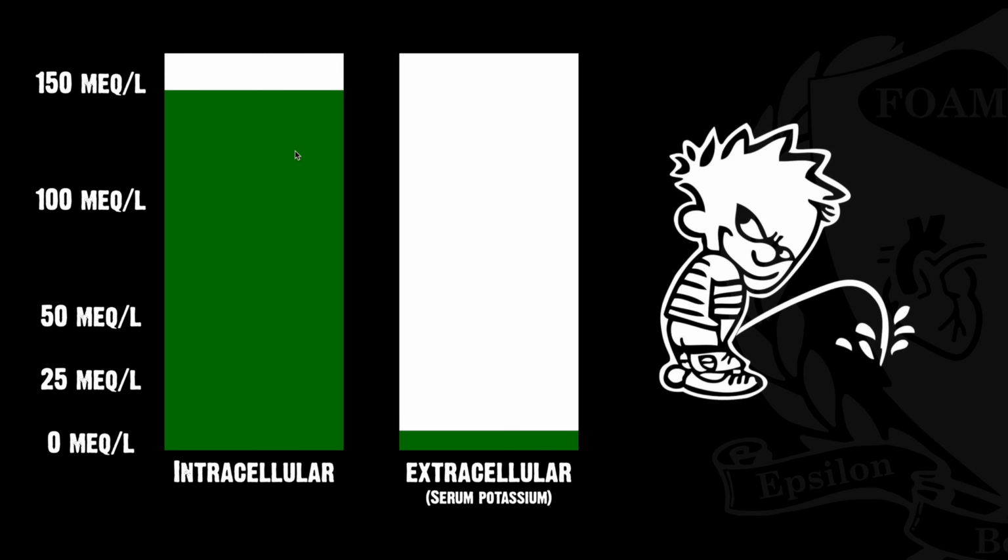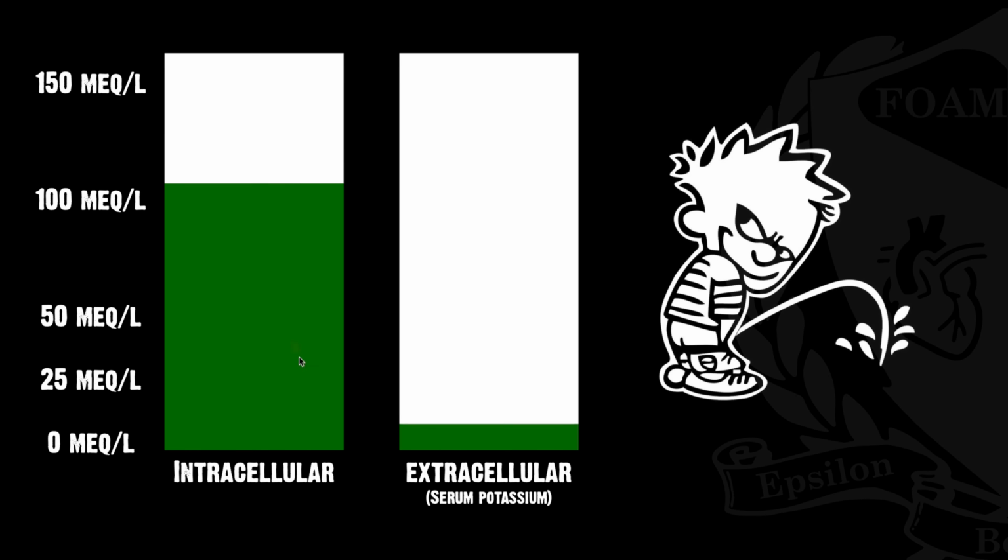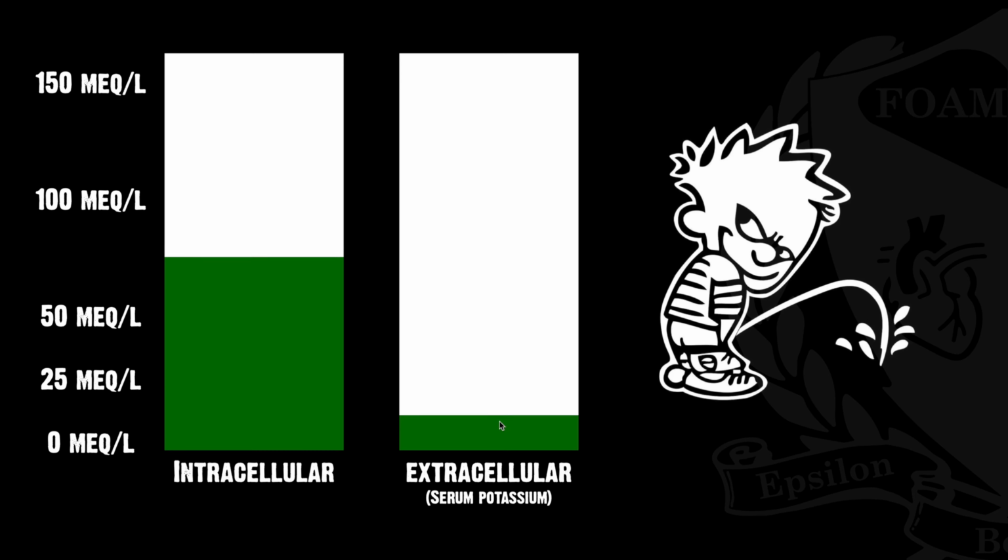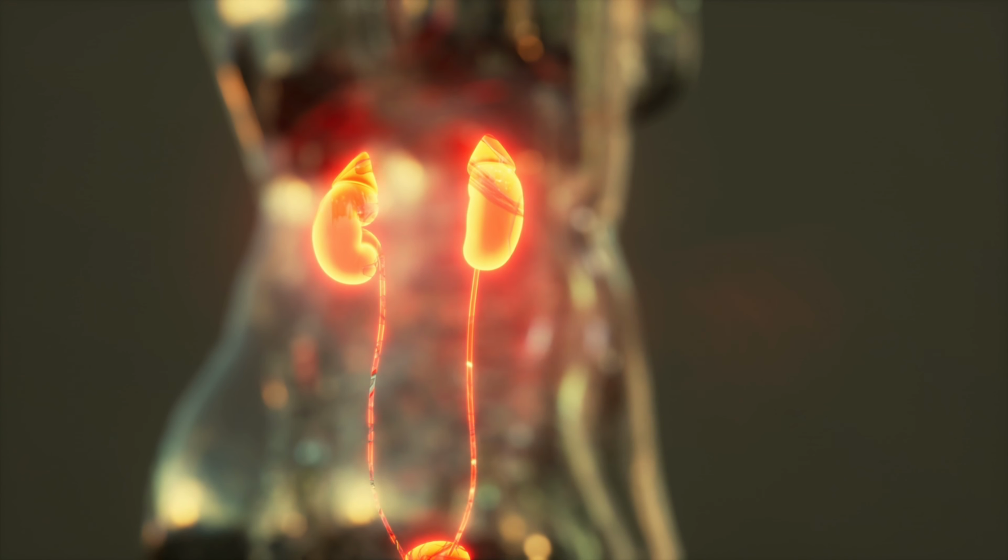So what ends up happening is we see that intracellular potassium start to come down, and then you see your extracellular potassium or serum potassium start to increase. And if you were to just stop right here and say that the patient does not have the ability to urinate, maybe they're in renal failure, then you would expect that patient to be hyperkalemic in DKA.